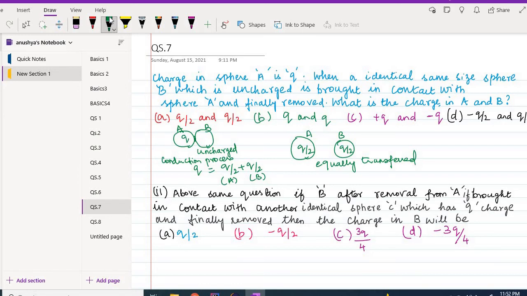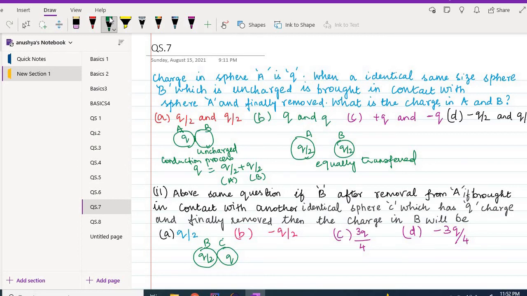Next, the same B, after removal from A, is brought in contact with another identical body C which has a charge Q. So now this B, which has a charge of Q by 2, is brought in contact with another charged body C which has a charge of Q, and B is finally removed from it.